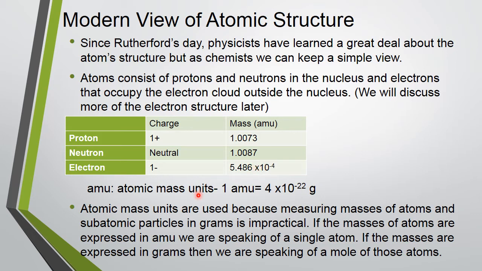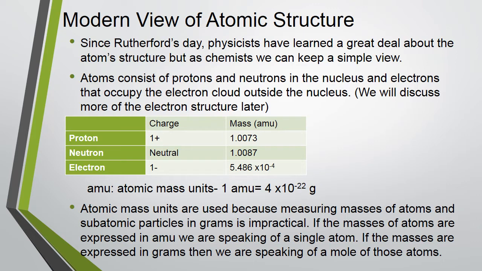So looking at this, our mass is in AMU. If you haven't heard of those before, AMU is atomic mass units. So it's the unit that was used instead of grams. So one atomic mass unit is about 1.66 times 10 to the negative 24 grams. Very, very tiny amount. So atomic mass units are used because measuring masses of atoms and subatomic particles in grams is kind of impractical.